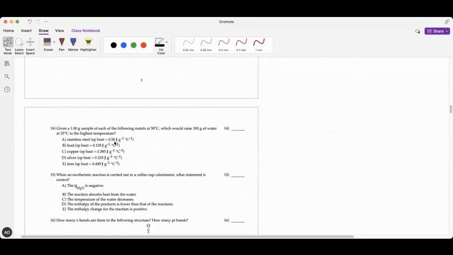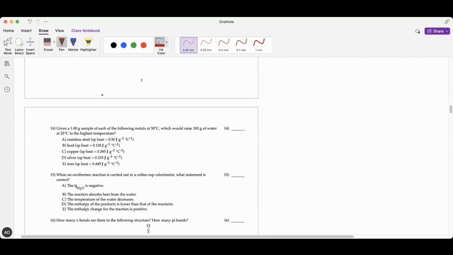Okay. Oh, here's one for you. You guys can answer this. Given a 1 gram sample of each of the following metals at 50 degrees Celsius, which would raise 100 grams of water at 25 degrees to the highest temperature? So, A. Yep, actually, let me see.